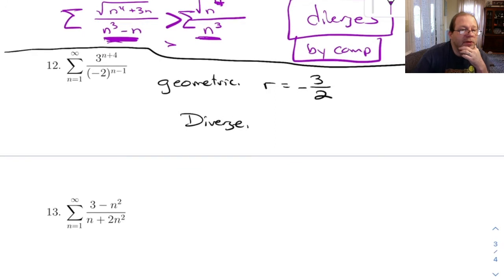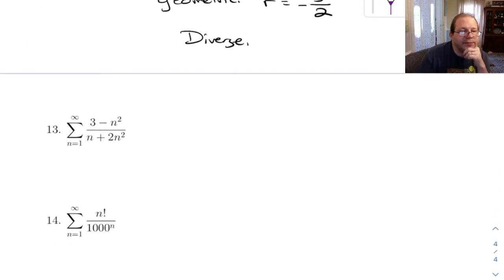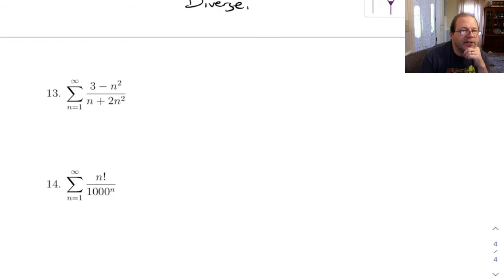All right, what about 13? 13, we've got 3 minus n squared over n plus 2n squared. So on both of these, my dominant term up here is this, and my dominant term here is this. Notice those are the same degree.